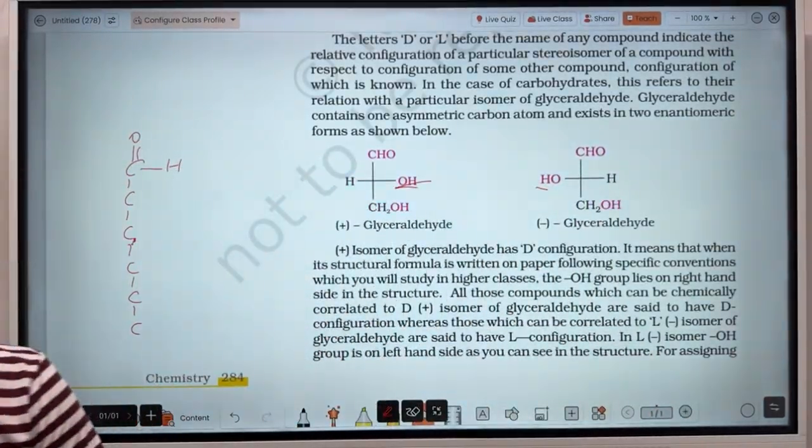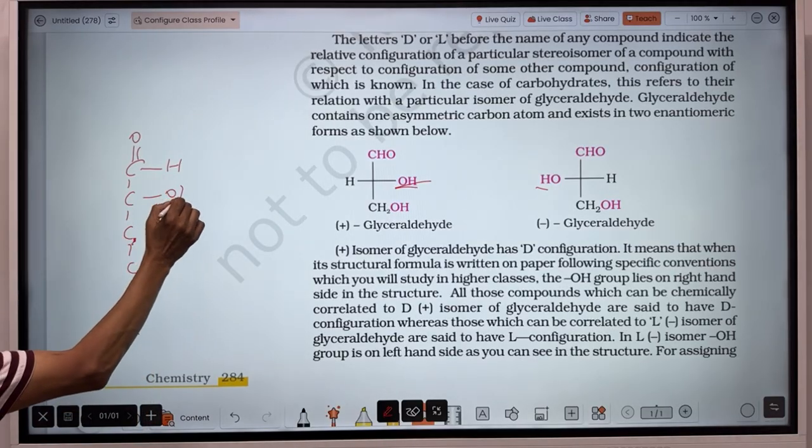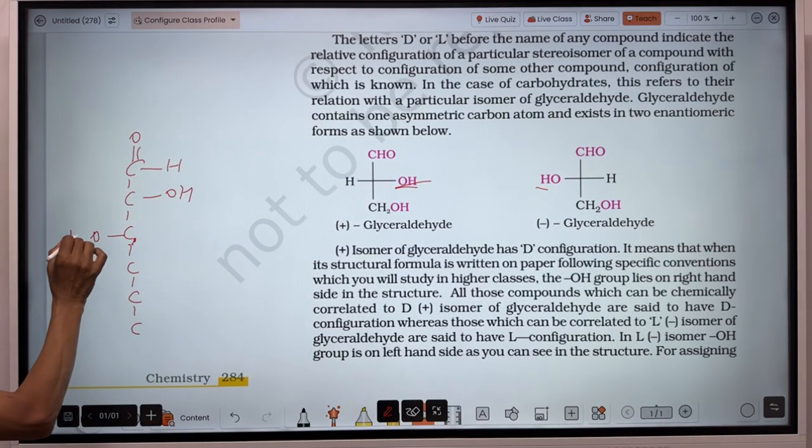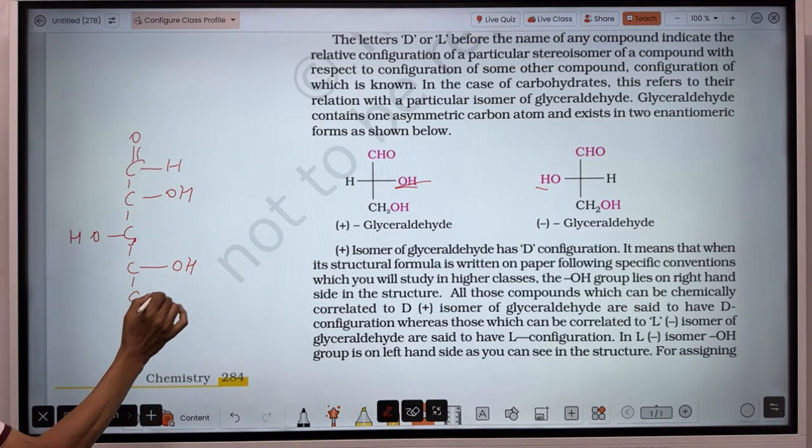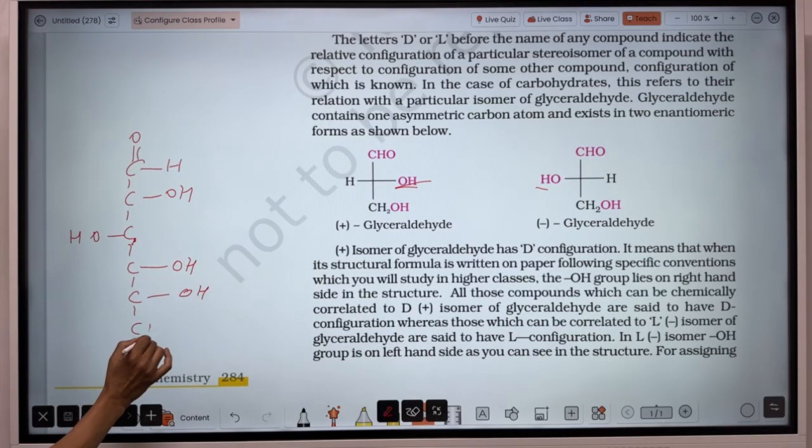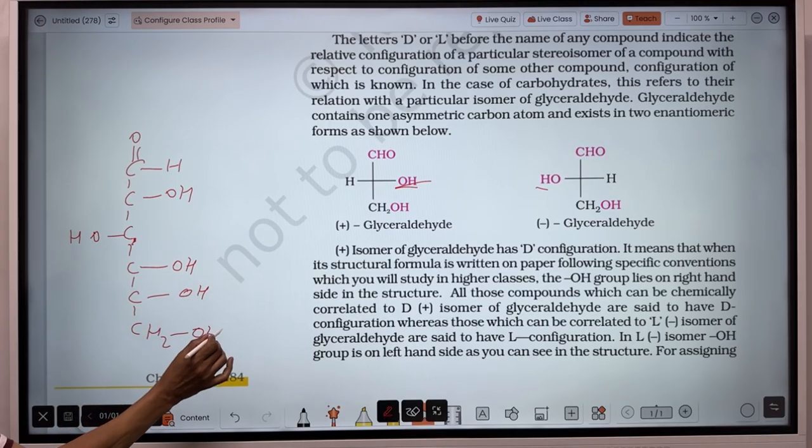So let's see here. You have the primary carbon here, so only CH2OH here.